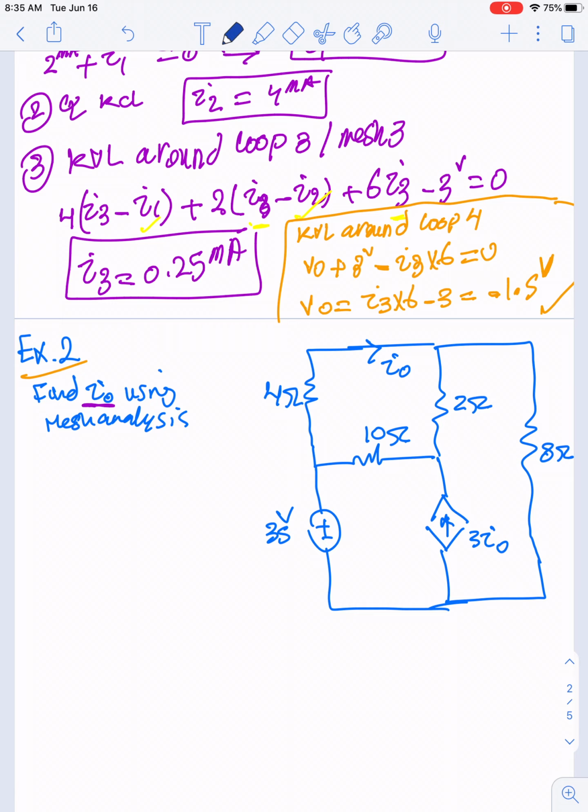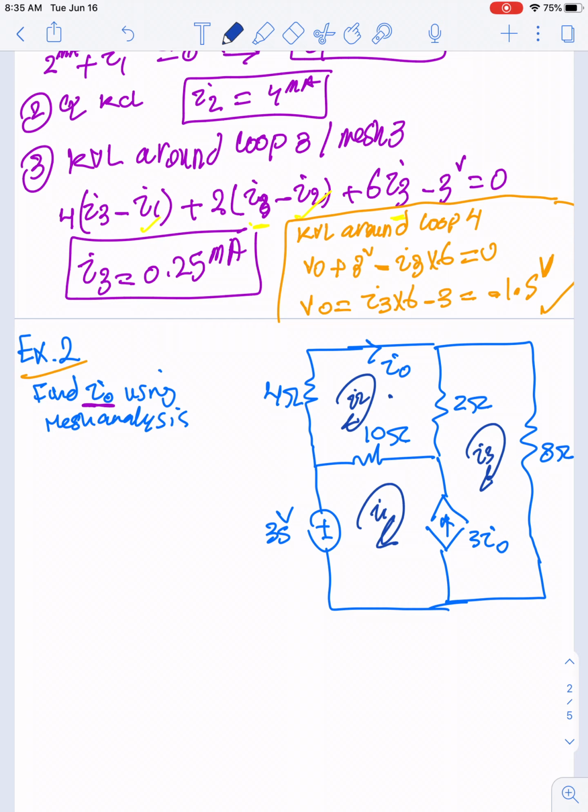So here we have 1, 2, 3 meshes. So we have mesh 1, and we say the current here is I1, the current here is I2, the current here is I3. Okay, so after identifying the number of meshes, we need to reduce the unknowns from three meshes to 2 or 1 or whatever. So we have to follow the first step.